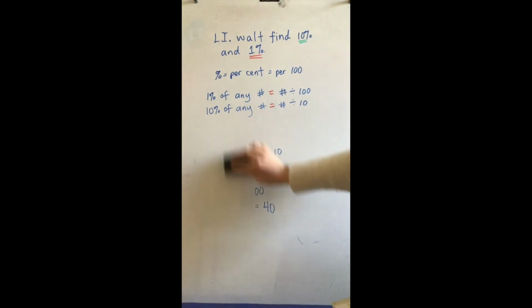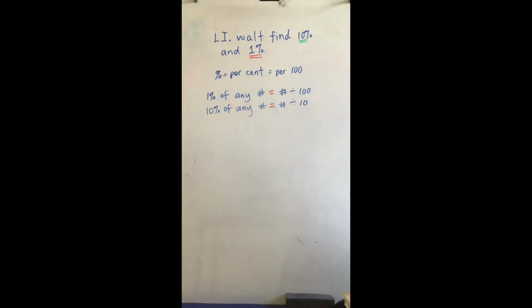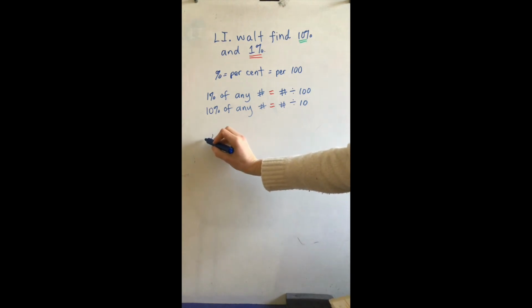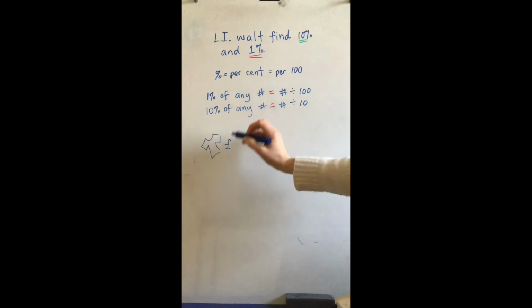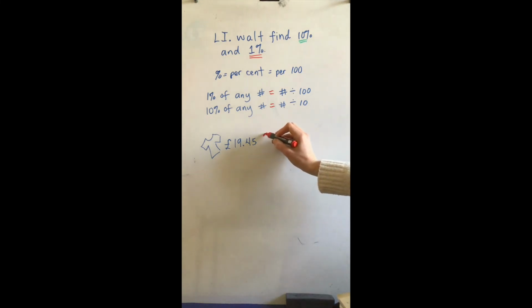So let's say, for example, we go to the shop, okay, and you want to buy a t-shirt, and the t-shirt is listed as, let's say, 19.45, okay, but there's a sticker on the sign that says it's 10% off, okay, and so you're trying to work out, well, what does that even mean?